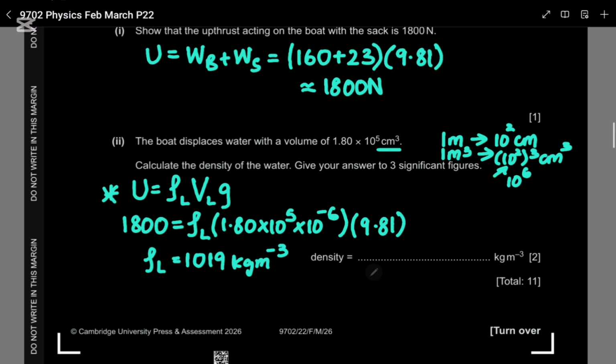So to three significant figures, because they want us to write it in three significant figures, we can write this as 1020. So that's it for question number 2.